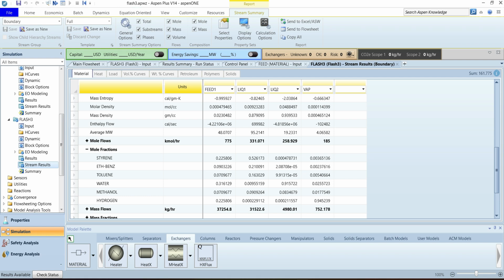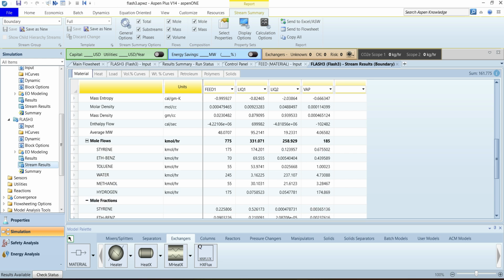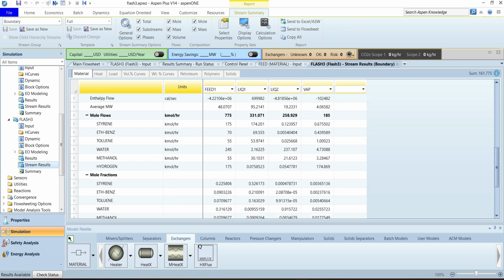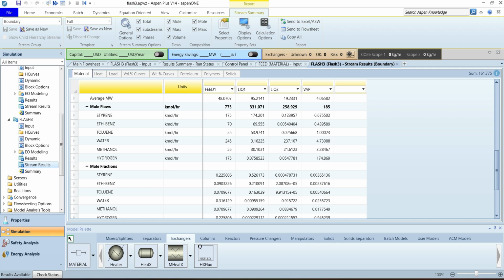The feed stream initially contained 22.5 mole percent styrene, and the majority of this styrene is recovered in the liquid one, as we can see from the mole flows. The inlet flow was 175 kilomoles per hour and 174.2 kilomoles per hour of styrene is leaving in the liquid one stream.